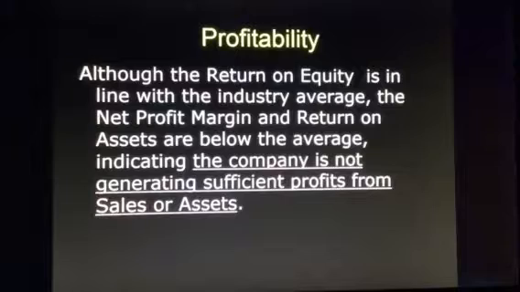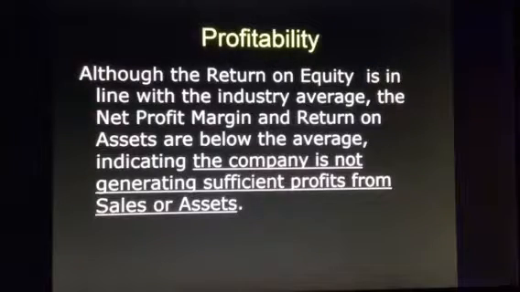Now notice really what we're doing is comparing either income statement amounts like net profit margin to sales, or we're comparing some measure of profitability to some measure of investment. In this case, net profit to sales. Net profit margin is net profit over sales. Those are both income statement amounts. The ROA is net income over total assets.